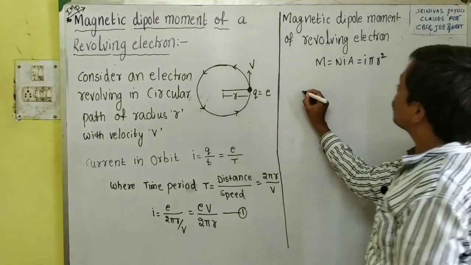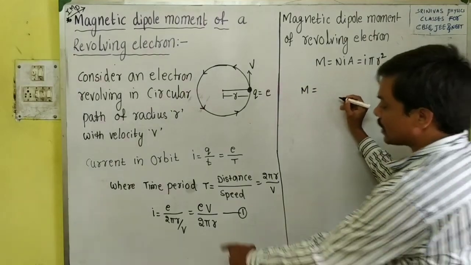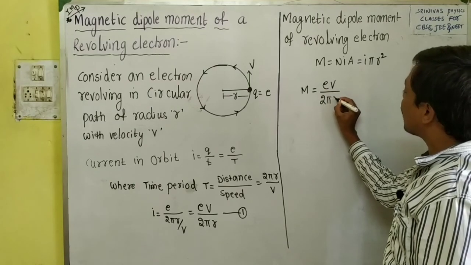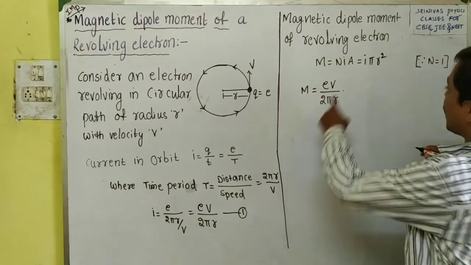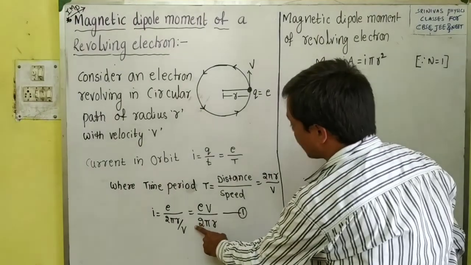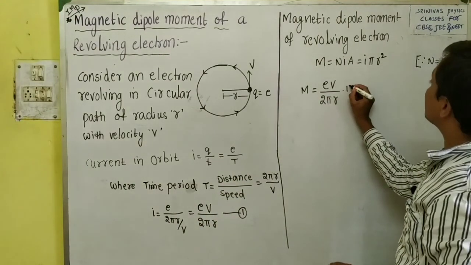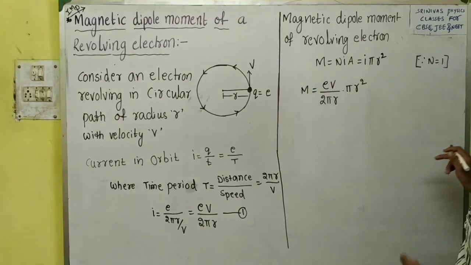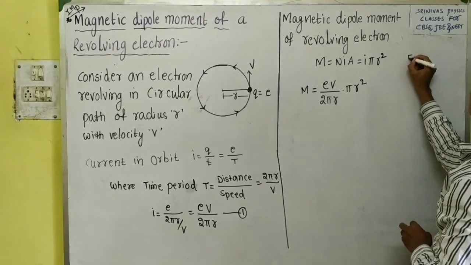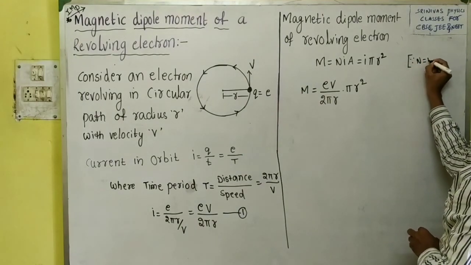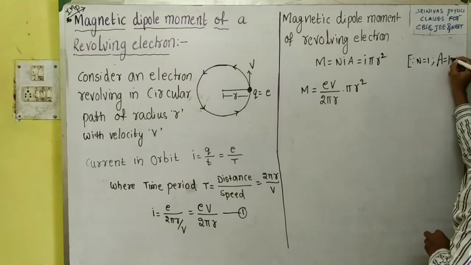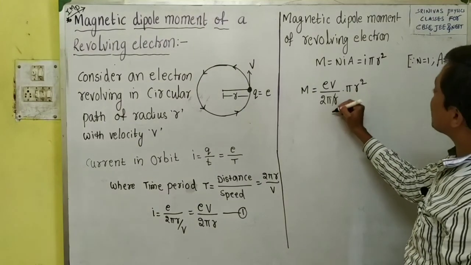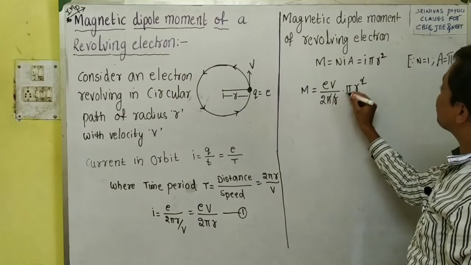Now the magnetic moment is equal to I, which we write from equation 1 as ev by 2 pi r, into A. Area is pi r square and N is equal to 1. The r square will cancel with the r and pi will cancel.